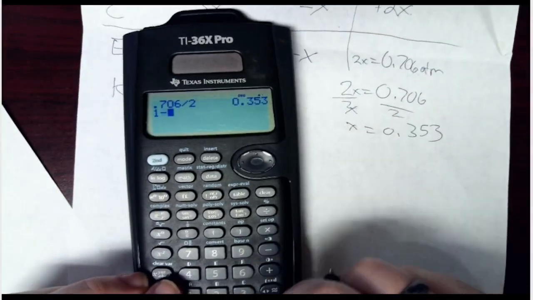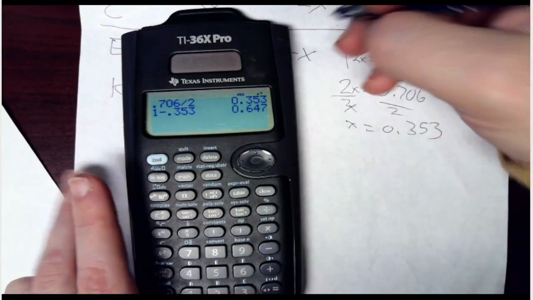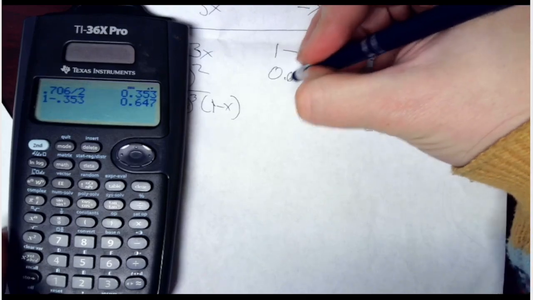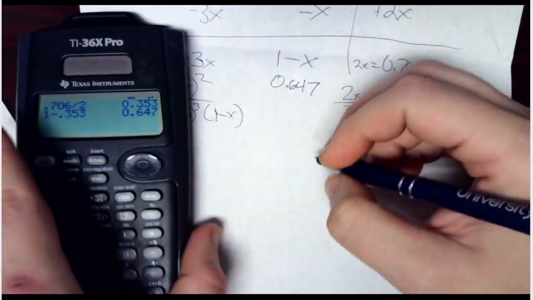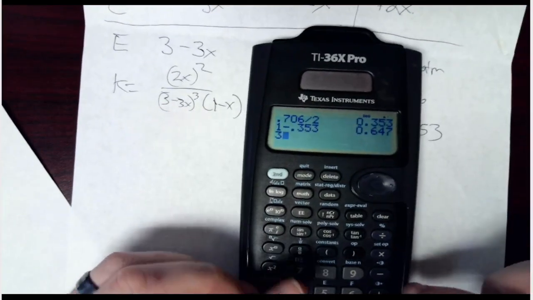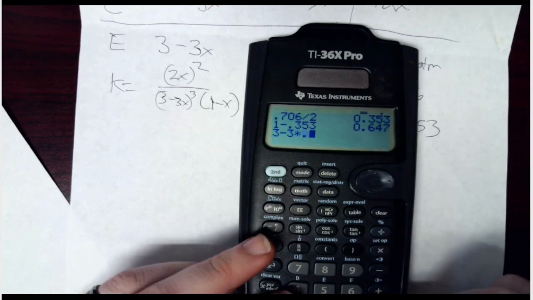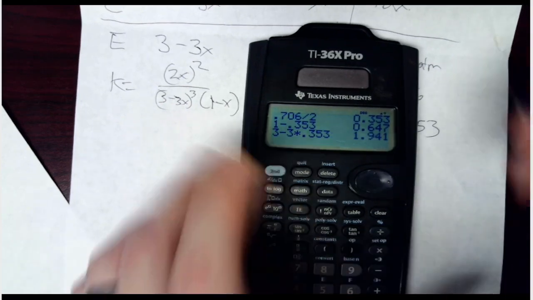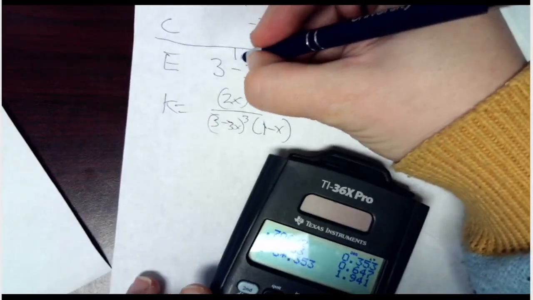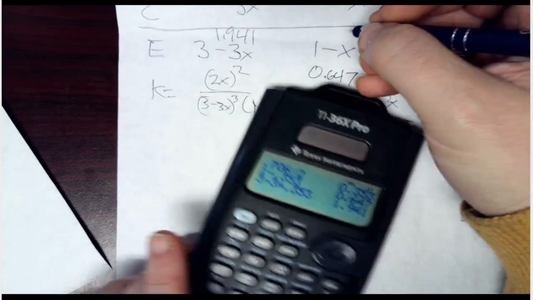So 1 minus 0.353 is 0.647. And 3 minus 3 times 0.353 is 1.941.